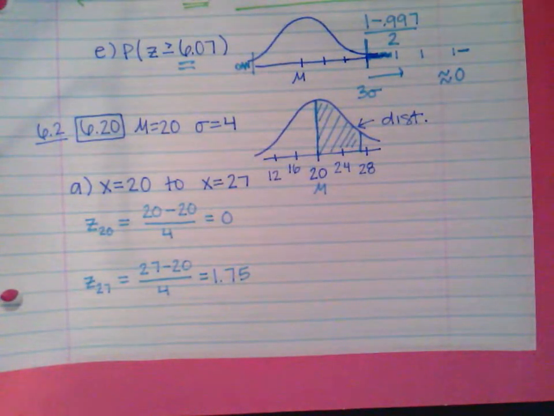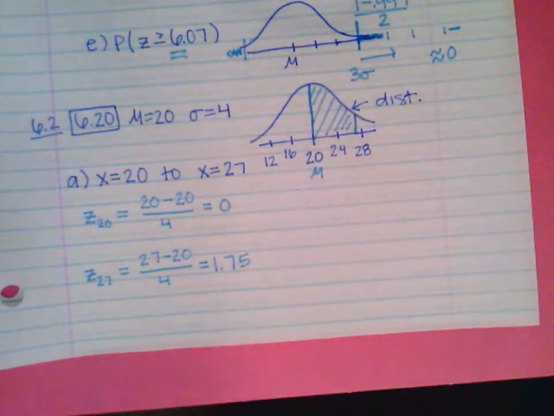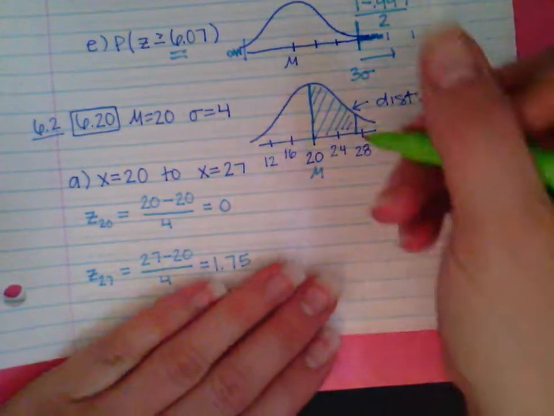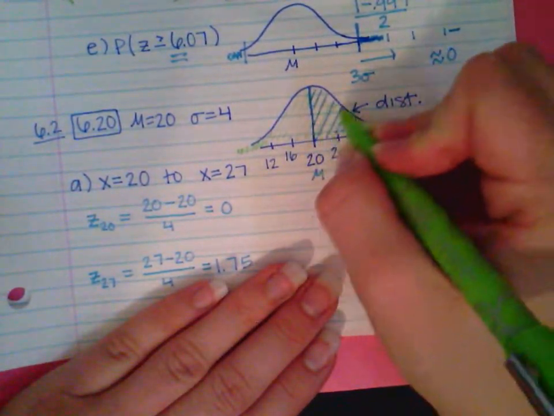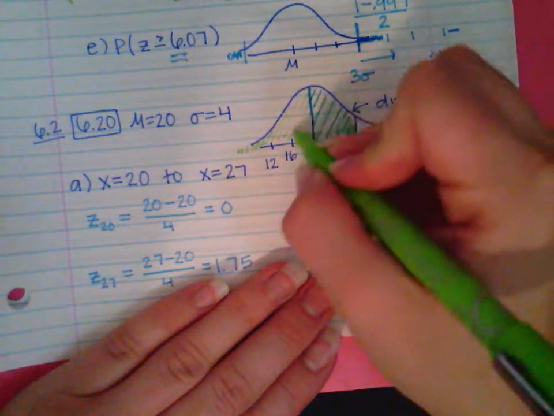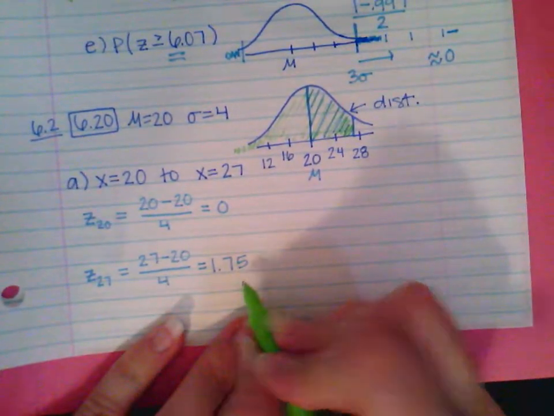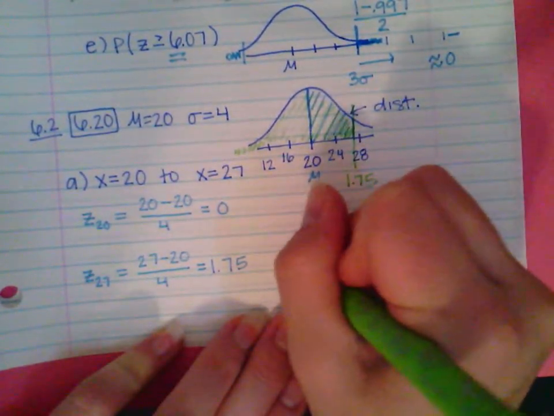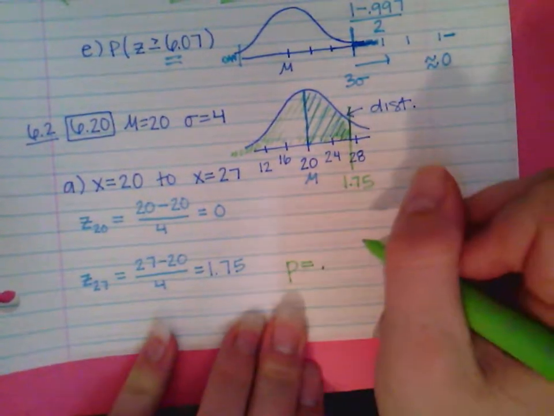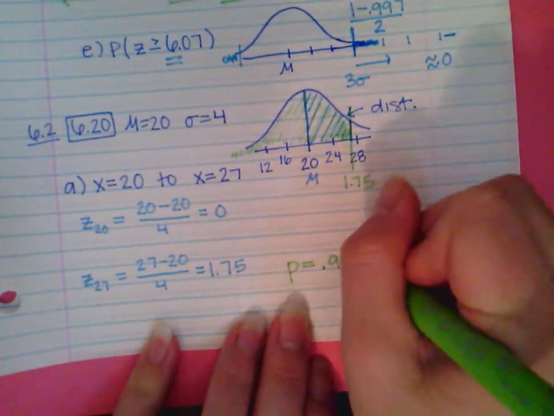Now, again, I want to find my right bound probability first. If you go to your z chart, 1.7 and then to 5 gives me 9599. So the probability of less than a z-score of 1.75 would be 0.9599.